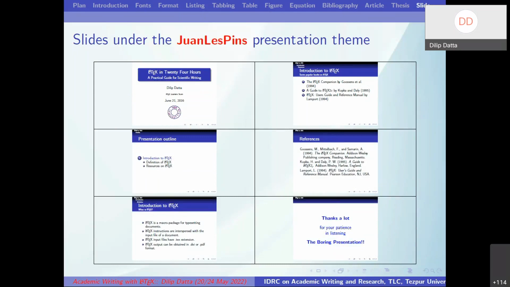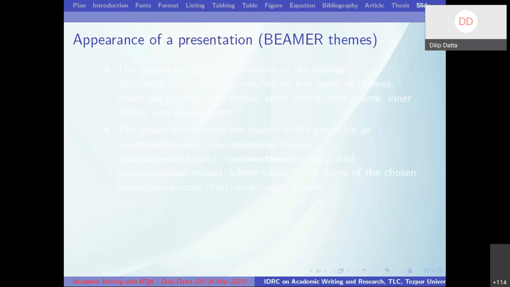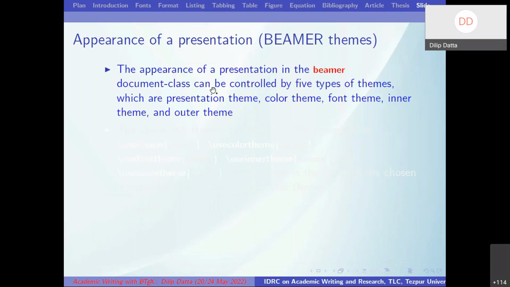Now, how can we get different types of slides? So the appearance of a presentation in Beamer is controlled by 5 types of themes, which are known as presentation theme, color theme, font theme, inner theme, and outer theme.